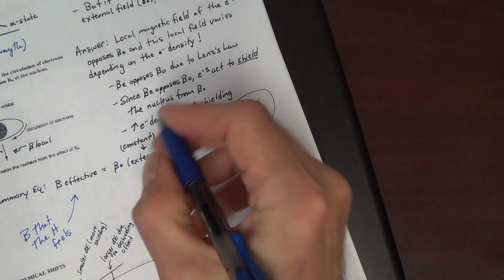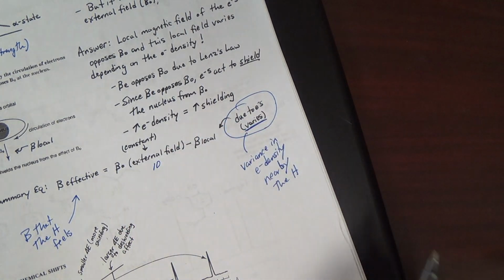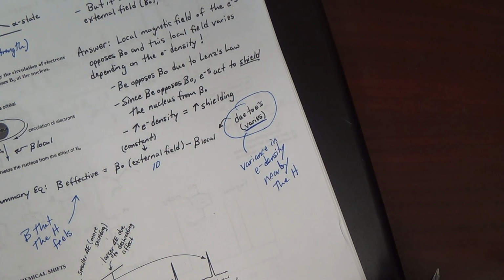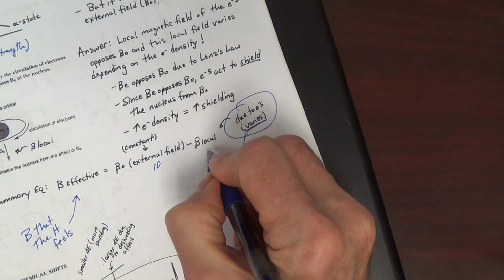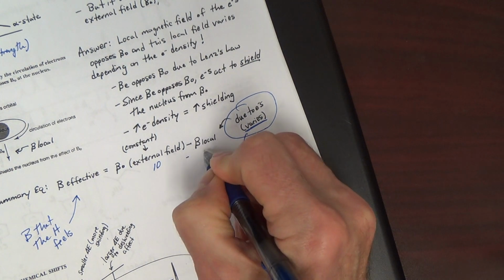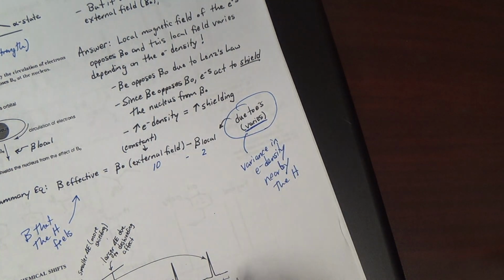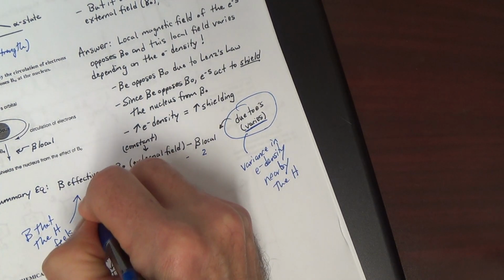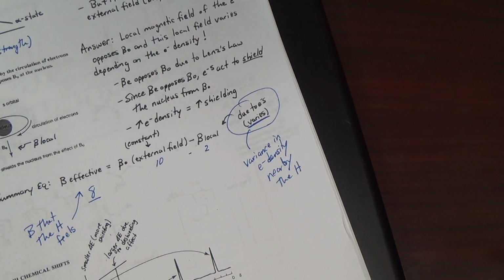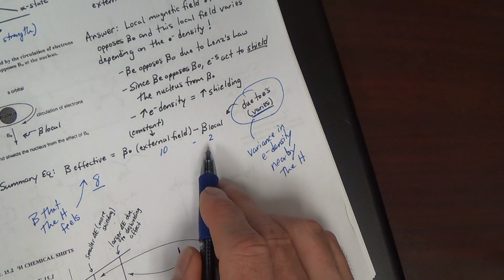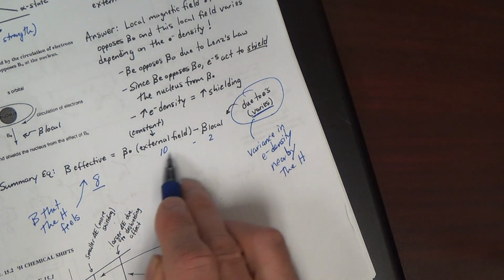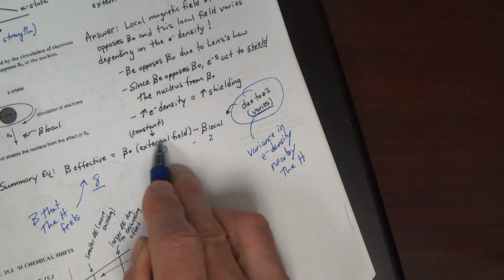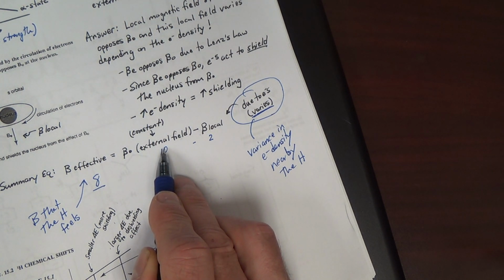I'm not going to take us there. Let's just say it's 10. Field strength of 10, but the local is 2. That means the proton is only feeling 8. So instead of feeling 10, it only feels 8. So the electrons are shielding the protons from feeling the full extent of the external field.